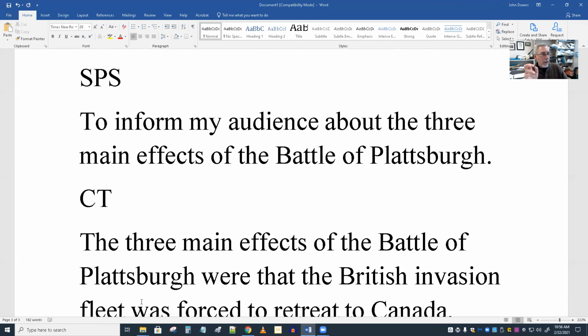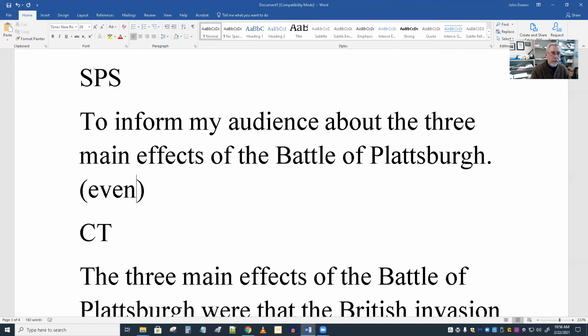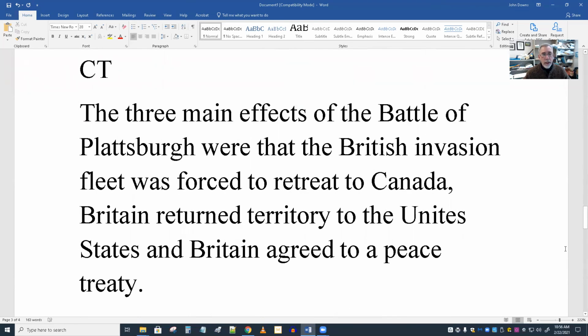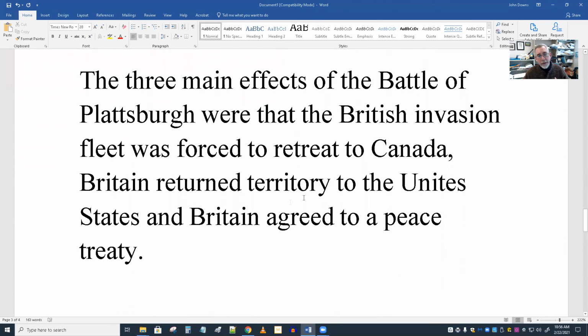But again, let's go back and look at this as part of labeling this SPS and categorizing the central thesis. So remember the labels for the SPS are COPE: concept, object, process, event. Is this a concept? No, I mean, there can be concepts in it, but it itself is not a concept. Is it a process? Effects of battle.